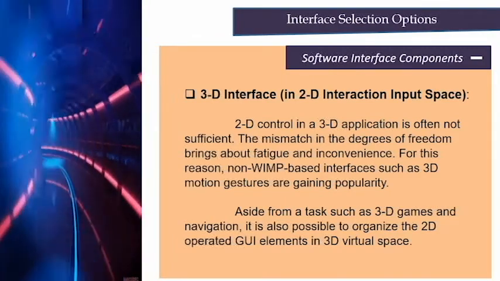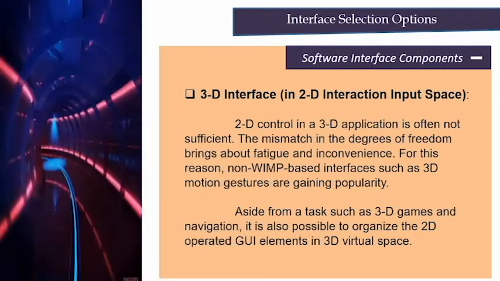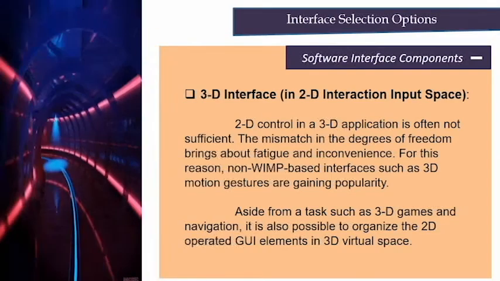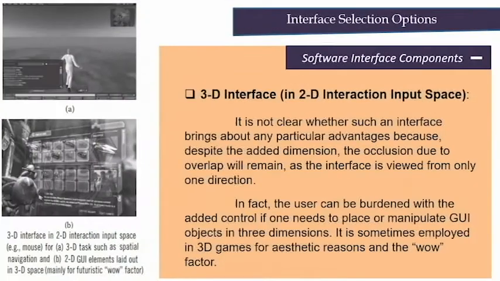Later after this we'll be talking about non-WIMP interfaces. Aside from tasks such as 3D games and navigation, it is also possible to organize the 2D operated GUI elements in 3D virtual space. It is not clear whether such an interface brings about any particular advantages, because despite the added dimension, the occlusion due to overlap will remain, as the interface is viewed from only one direction.